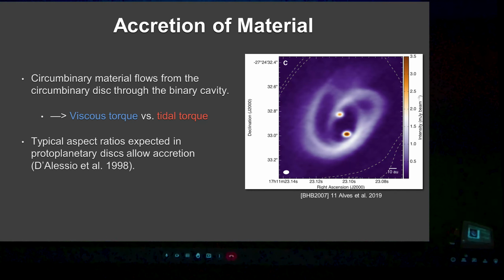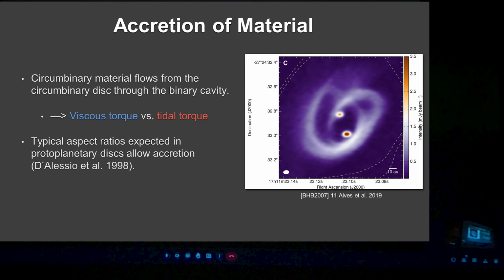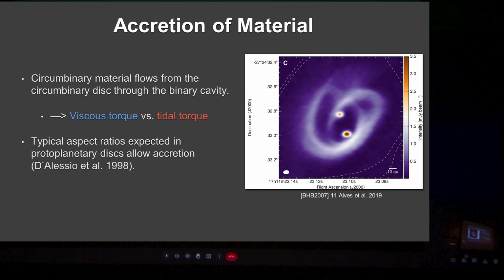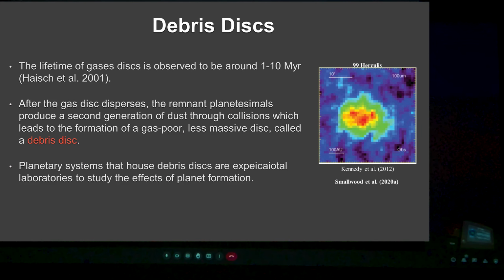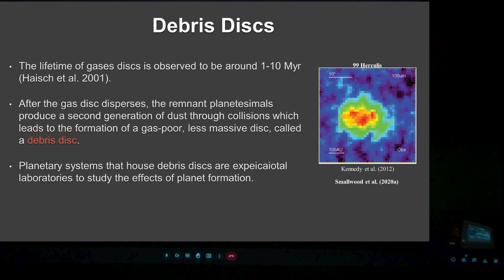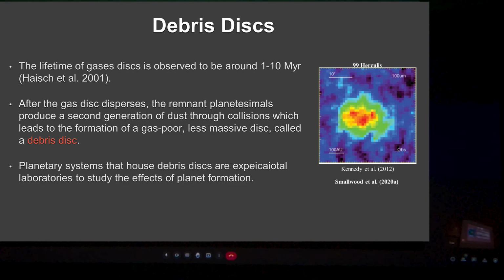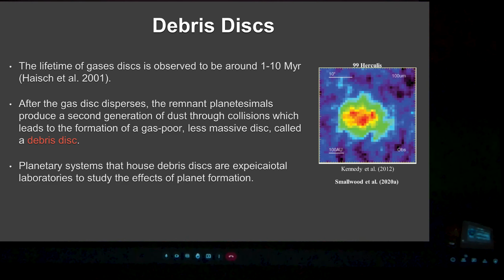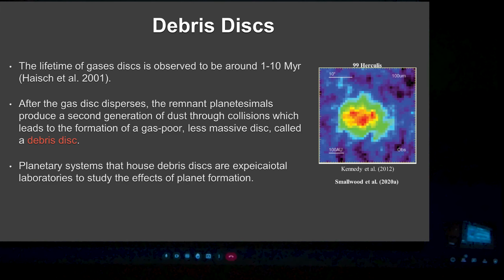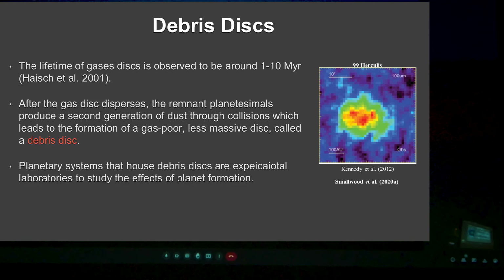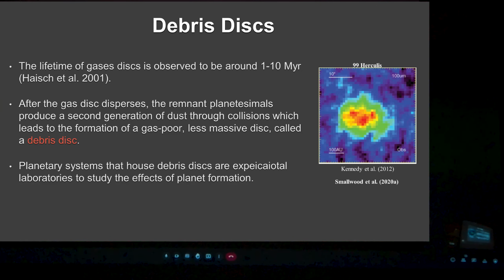And like I said, these gas disks will have a lifetime of about 1 to 10 million years. After that, the gas is depleted, and you're just left with the remnant rocky material known as these kind of like asteroid belts, or debris disks. And kind of studying these debris disks can give clues on how planets are forming in such systems.